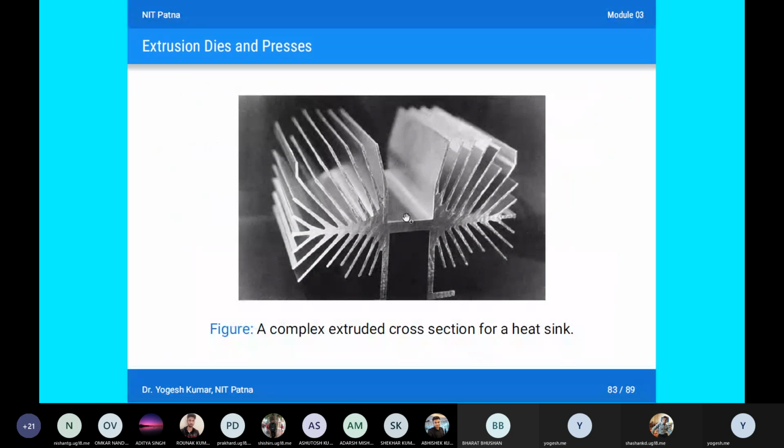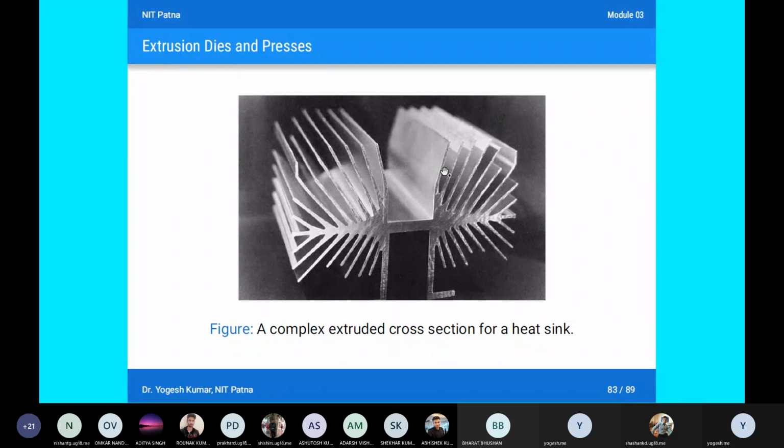Here you can see how complex cross sections can be extruded using extrusion processes. Here is a heat sink. If you see the surface area of the heat sink cross section, it is quite high compared to the size of the extruded section.